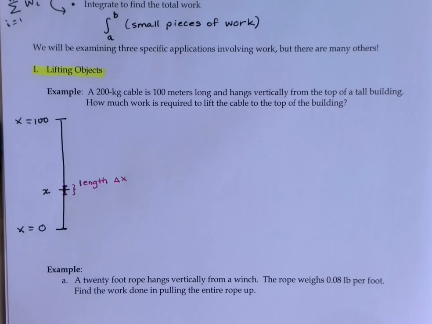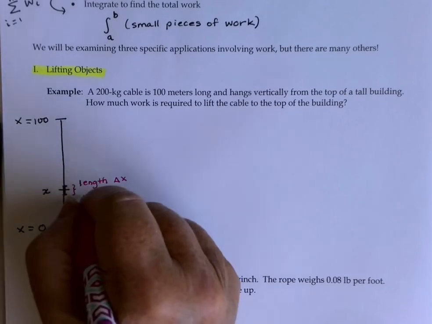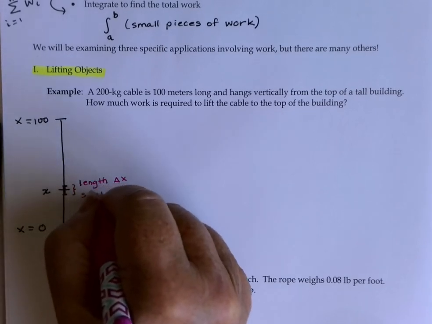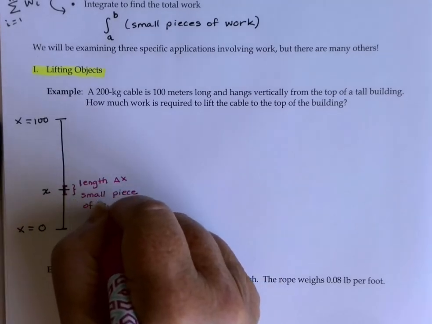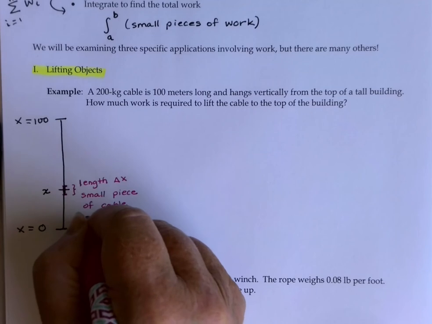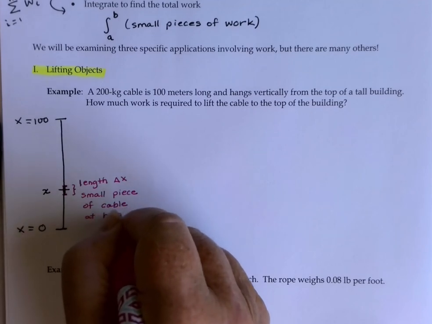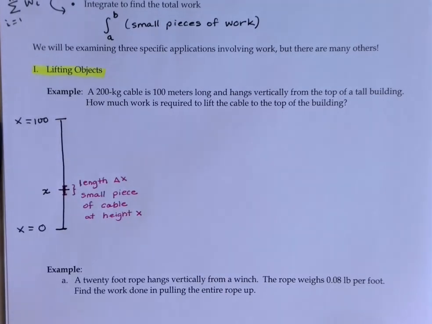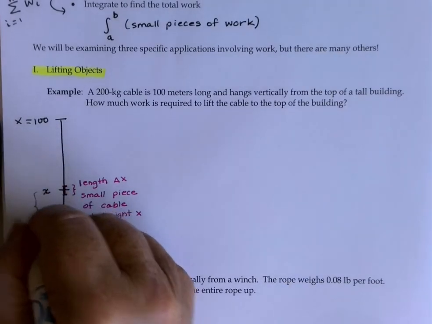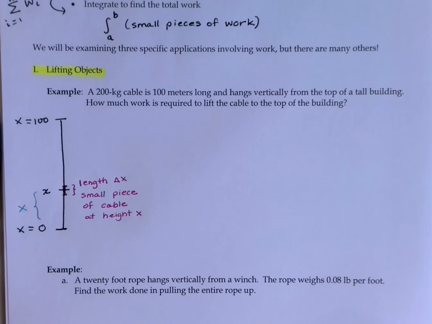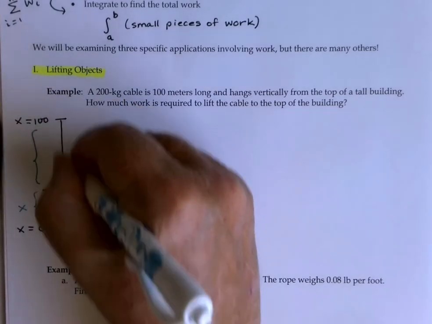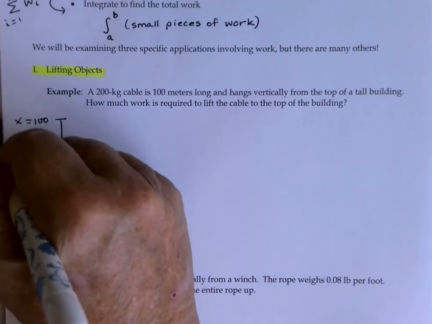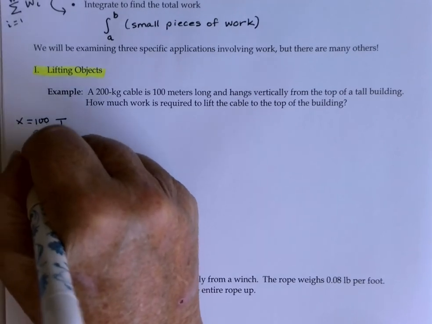And that's a small piece of cable at height x. Since its height here is already x units off the ground, I only have to lift it the rest of the way. The distance that I have to lift it is actually 100 minus x.